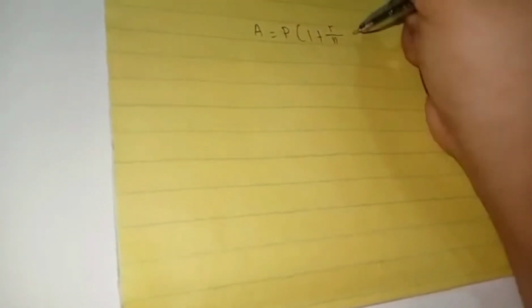Let's write the formula. Amount at the end equals principal multiplied by 1 plus rate over times compounded. Let's write the given.